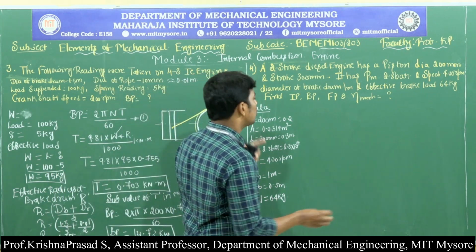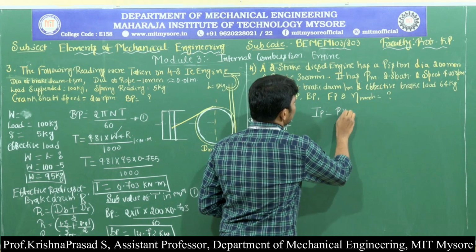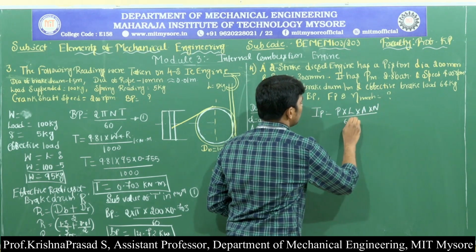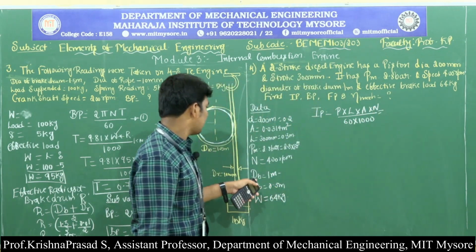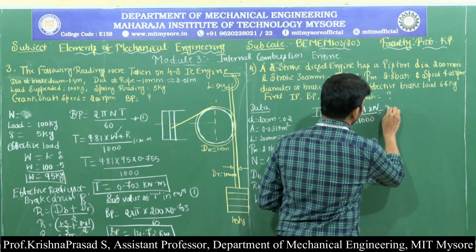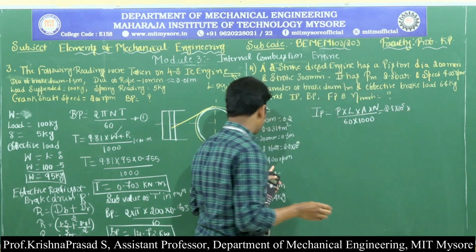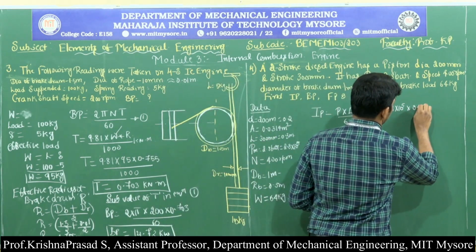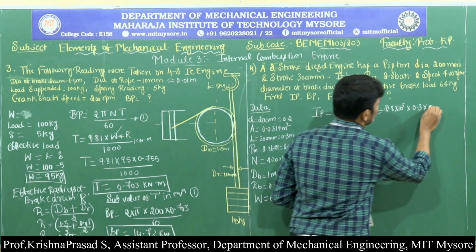For the 2-stroke engine we know the formula, IP is equal to PLAN by 60 into 1000. We already know the value of PM, it is 2.8 into 10 to the power of 5. L is 0.3. Area is 0.0314.